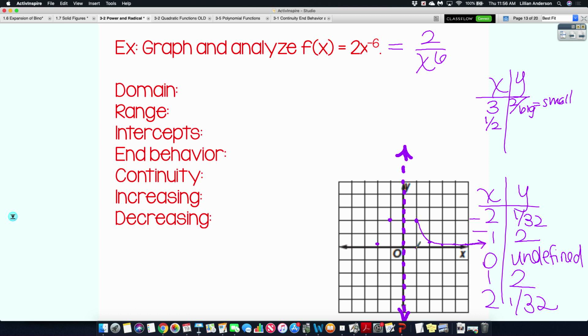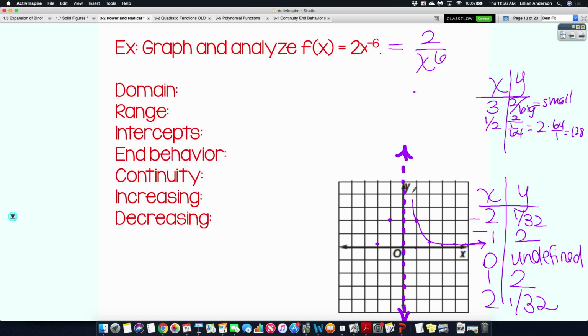So this is going to be 2 over 1 over 64. What do you do when you have a fraction within a fraction? So this is really 2 times 64 over 1. What's 2 times 64? A bigger number, 128. So when I'm at 1/2, I'm all the way at 128 up here.